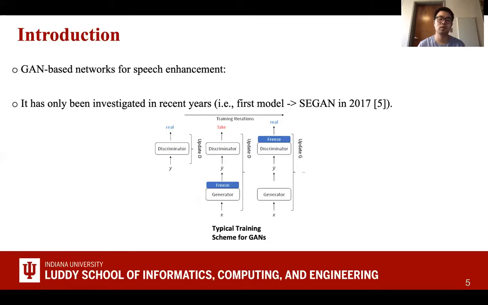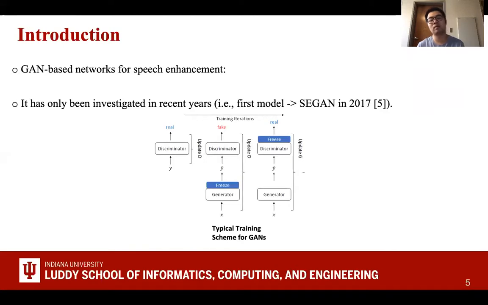In terms of the GAN-based network for speech enhancement systems, it has only been investigated in recent years. A typical training scheme for GANs includes 3 steps. In the first step, we train the discriminator given the clean speech, making the target real, to update the weights in the discriminator. In the second step, we use the information from the generator, but at this time we freeze the weights in the generator, and we only update the weights in the discriminator by forcing the target to be fake.